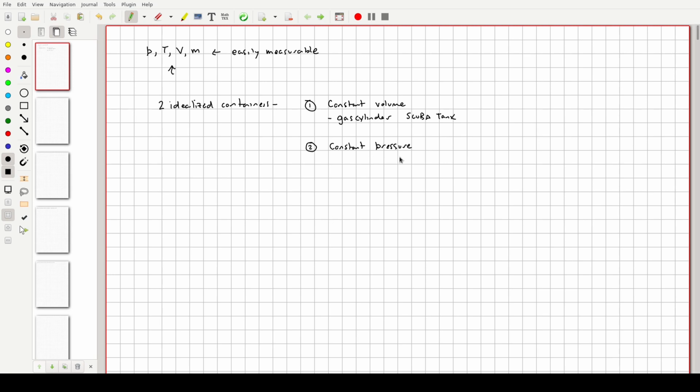Now, in order to explain what types of containers do this, what I'd like to do is to sort of remind you about what pressure is. Now, remember, pressure is force exerted over an area. So, I'd like you to consider a balloon. So let's pretend that this is your balloon. It's a three-dimensional object.